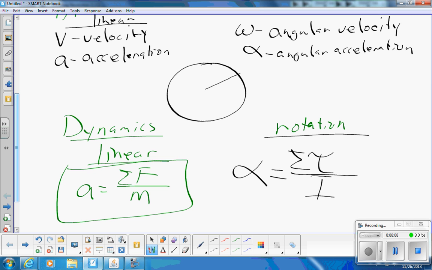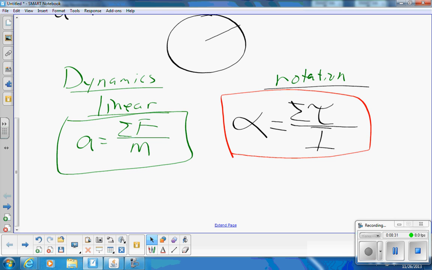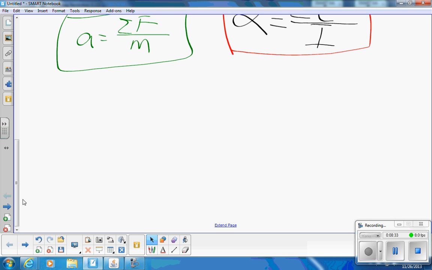Something has a large rotational inertia if it is hard to make it speed up or slow down its angular velocity. So that's going to be the equation. That, in fact, is still called Newton's second law. This angular acceleration equals net torque over rotational inertia. And that's going to have us studying dynamics. Okay, the next thing we will do, as we did before, is we'll study energy.